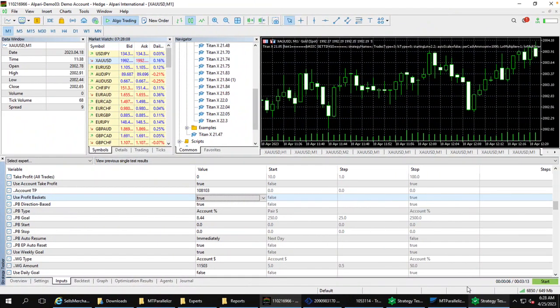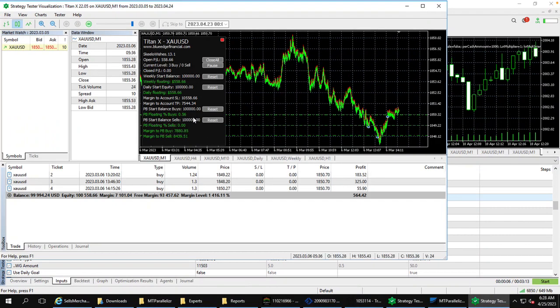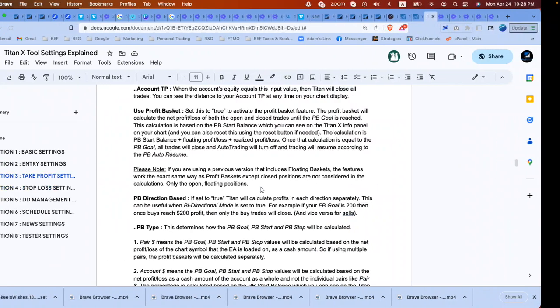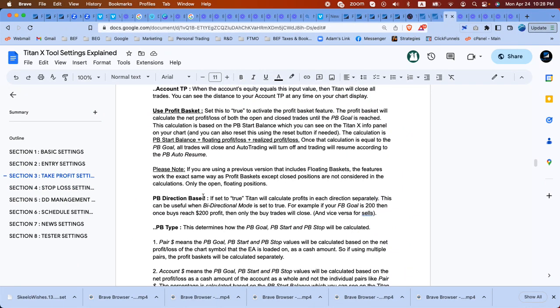So if we actually look at this here, you can see we have a profit basket start balance. And we actually have separate profit basket start balance, one for buys, one for sells. And that's because we have the profit basket direction based that's being used. Which just simply means that Titan is going to calculate profits in each direction separately.